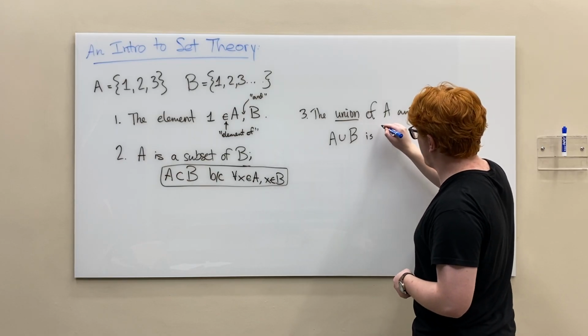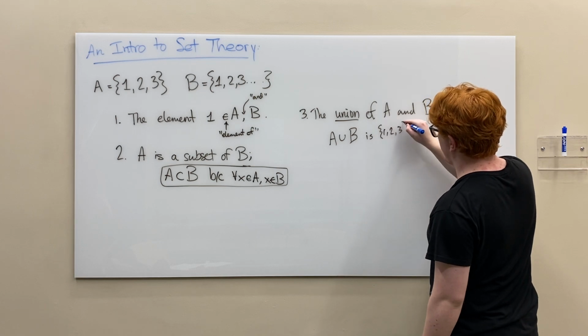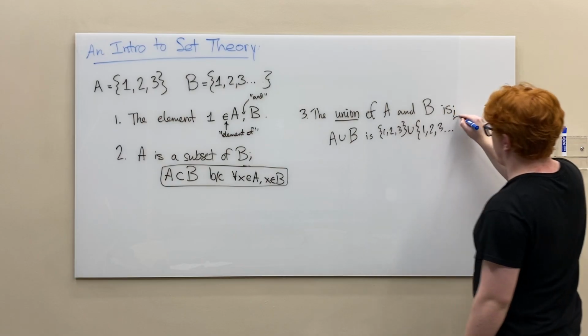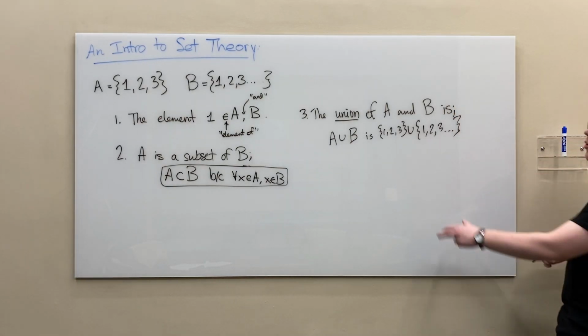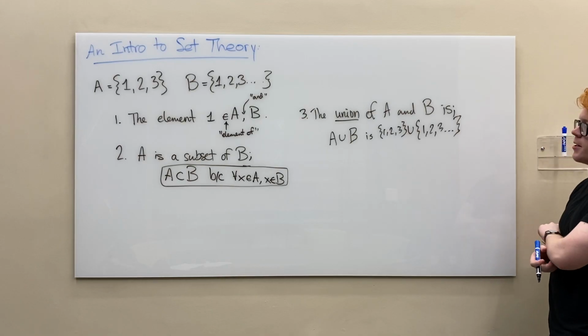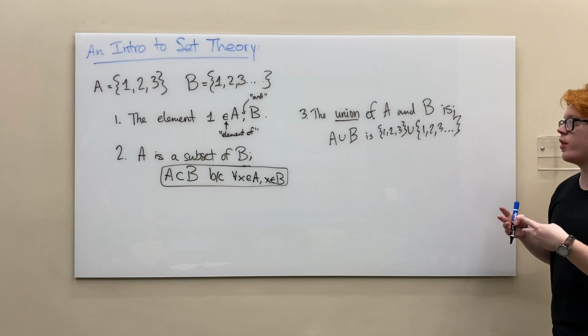So we have {1, 2, 3} union B. You take the two sets, you union them together, and really what this means is you're combining all of the elements into one set.